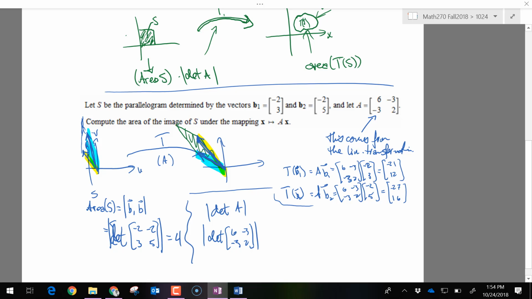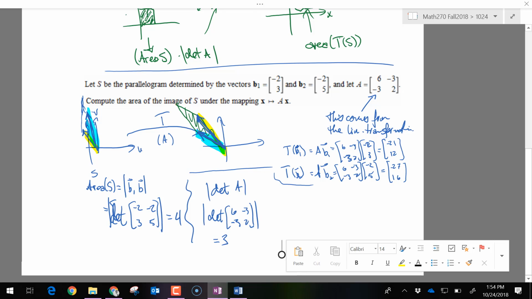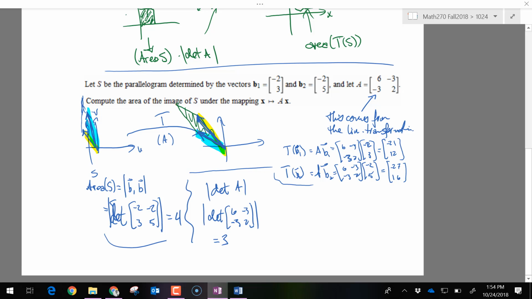Is it 9? Yeah, hopefully it'll be the same, right? So according to this, the area of our resulting region is going to be 4 times 3 is equal to 12, right?